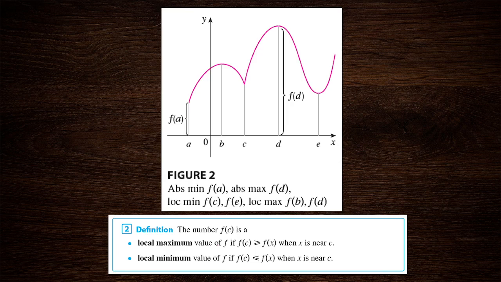So we have the definition that a number c is a local maximum if the value of the function there is the greatest value that we could get from any values near c. Let's say that when we distribute c, it is the highest value that we could get.